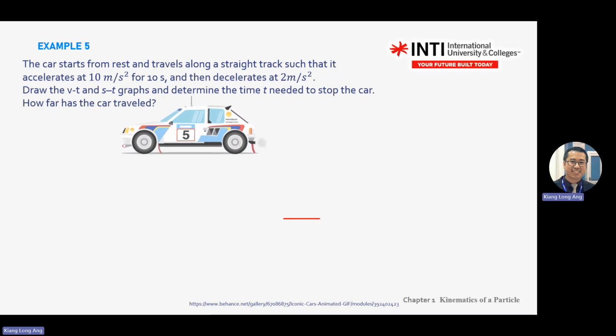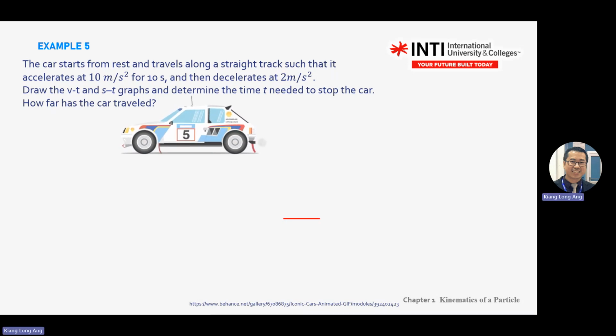And when you draw this diagram, I highly recommend you mark the time along the three graphs, t1, t2, and so on. Later I will show you how to do the v-s and a-s graph, you do these two together and then s1, s2.